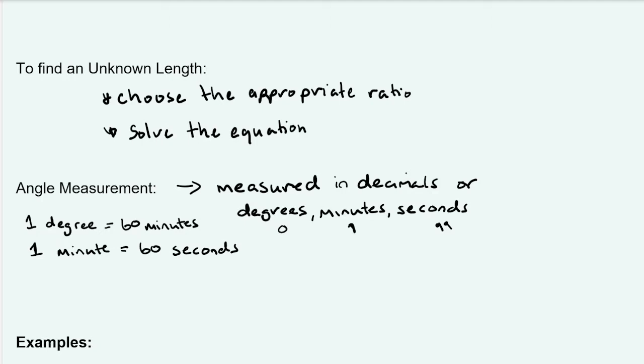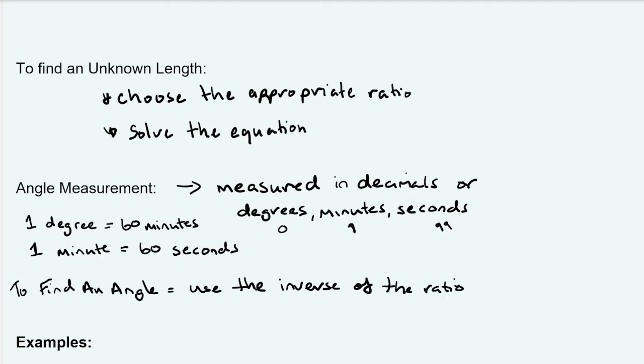And when we are finding an angle, we use the inverse of the ratio. So if you were using sine to find the length, you'd use the inverse sine to find the angle.